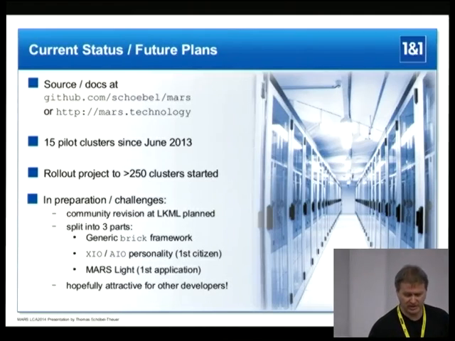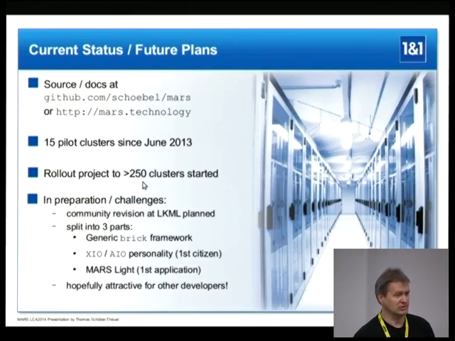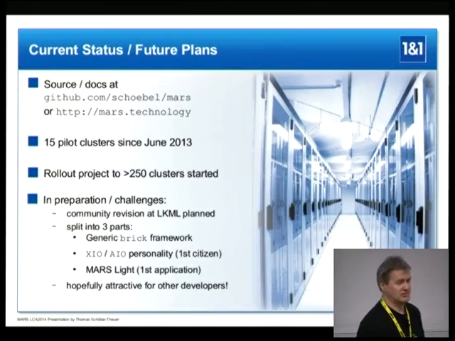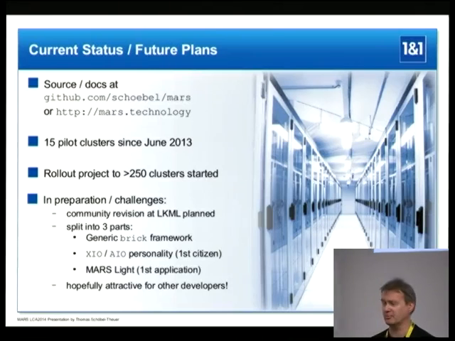And we already started a rollout project to more than 250 clusters. We are not yet migrating all our applications, but we are starting with shared hosting, and other application areas should follow in the next months or years. It takes a while to migrate everything.